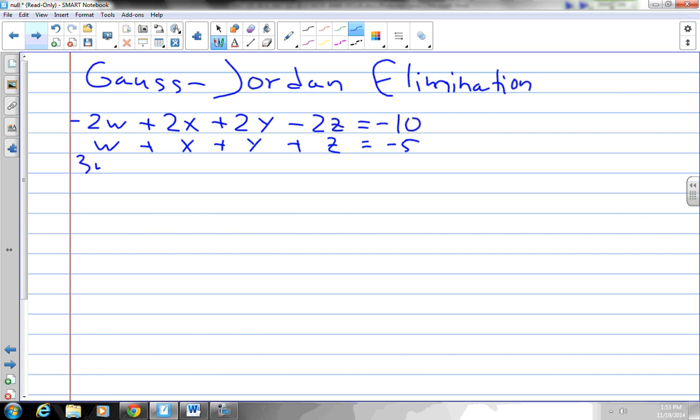And then we have 3w plus x minus y plus 4z equals negative 2. And then I have w plus 3x minus 2y plus 2z equals negative 6. That's 4 equations for a 4-unknown system.